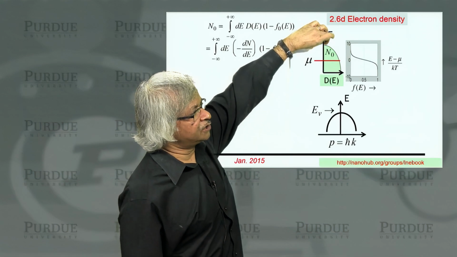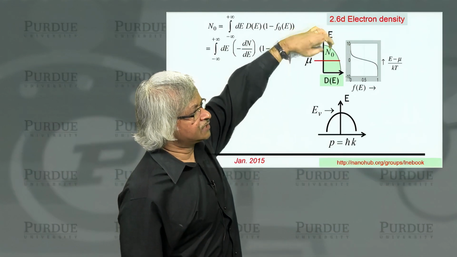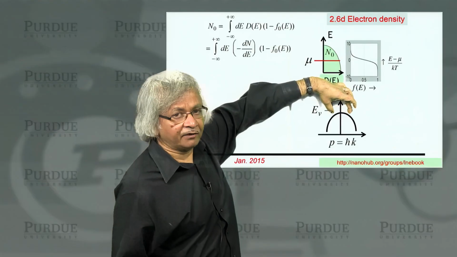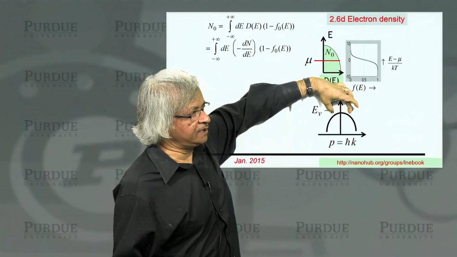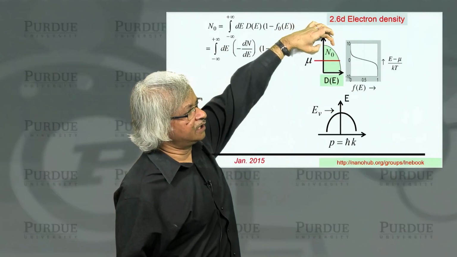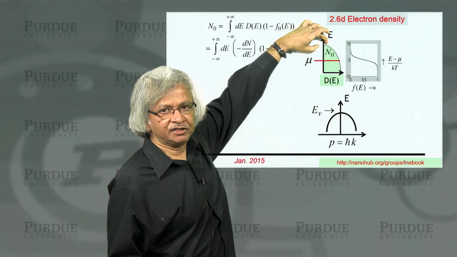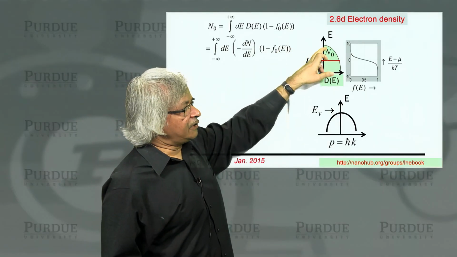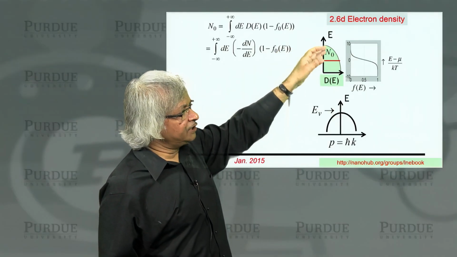N of P tells you how many states are available below a certain value of P, and that corresponds to how many states are available above a certain energy E, you see.